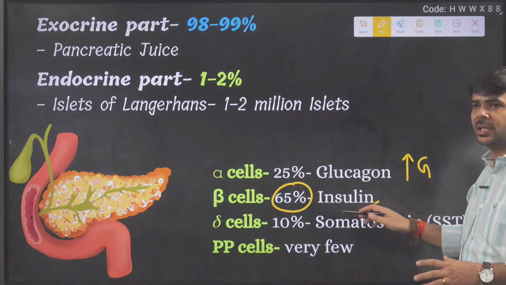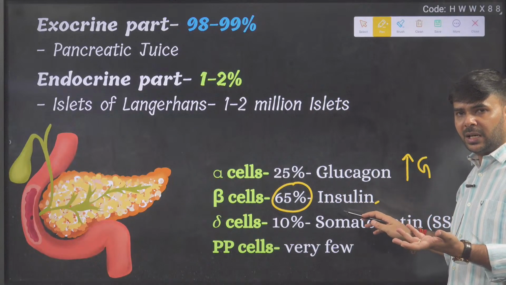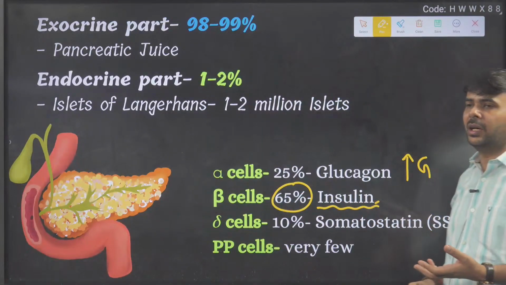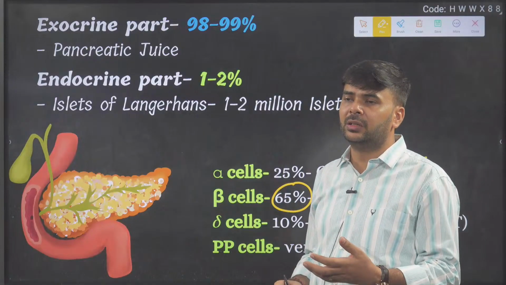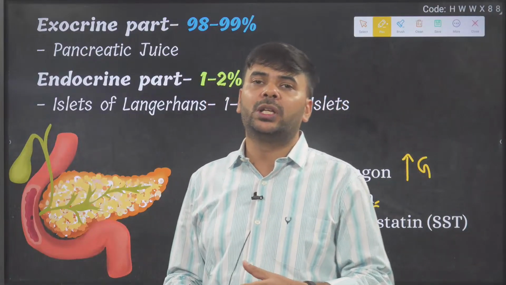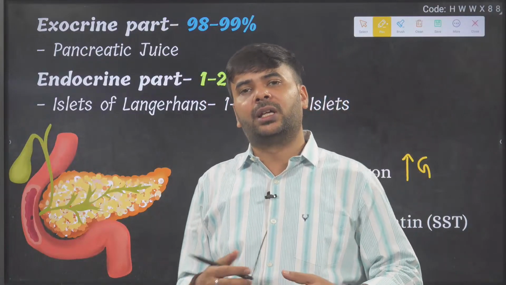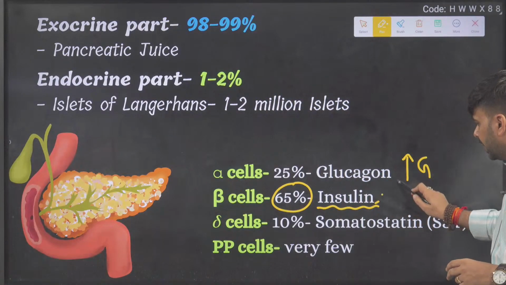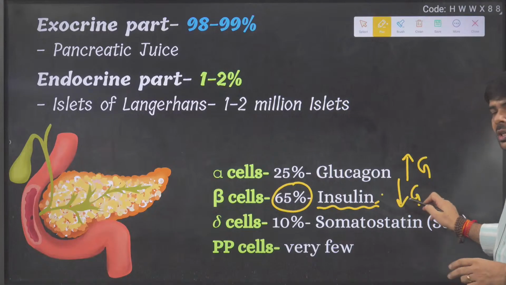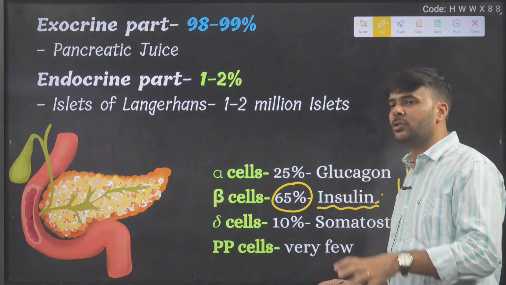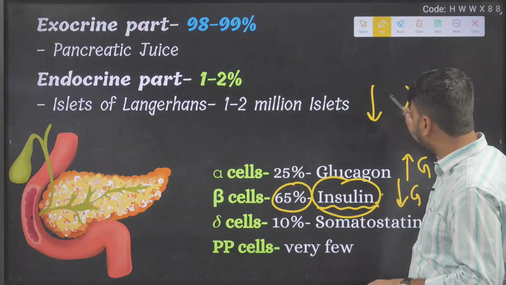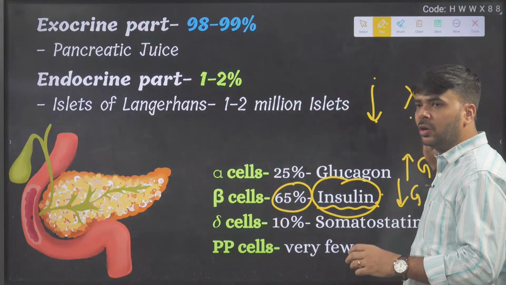If there is no insulin, it is diabetes. If insulin is there but not working in your body, then also diabetes. We'll discuss two types of diabetes. Insulin decreases blood glucose. Suppose you lack insulin, meaning insulin is either less or not working.